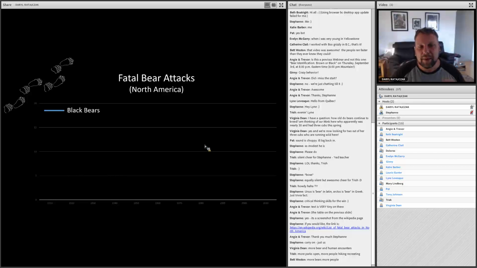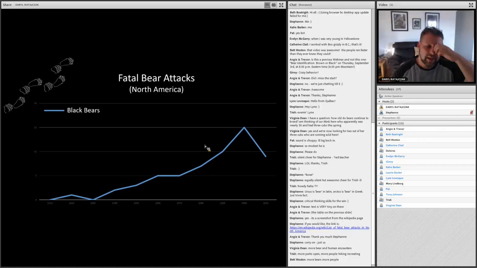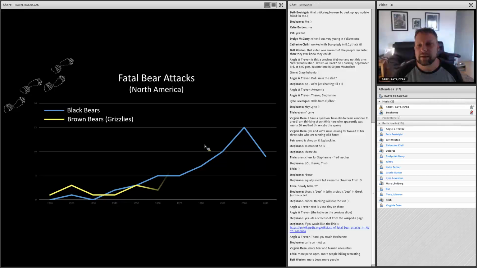So keeping on with this graph about what has been going on over the last 100 years, if we look at these severe encounters over the last century, you'll see what has happened with black bears. And so you see it's this steady growth over time. And then if we lay brown bears on it, guess what? The graph is almost identical. And so these two lines almost lay on top of each other.